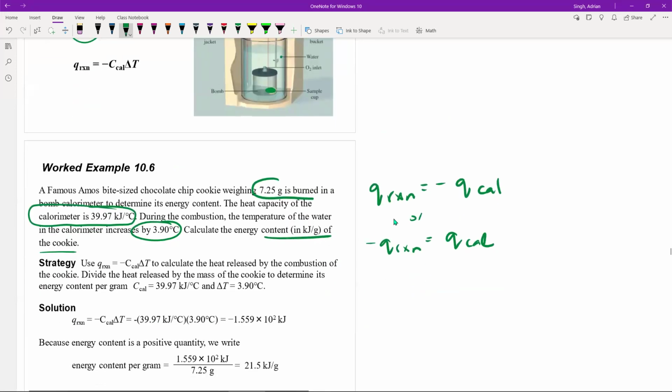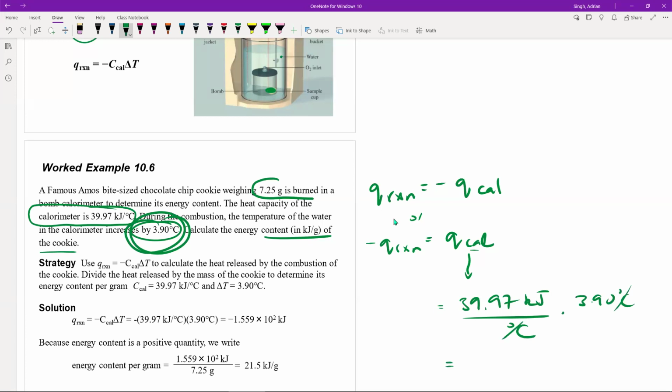So the Q of the calorimeter, where cal is the calorimeter, is the heat capacity of the calorimeter, 39.17 kilojoules per degree Celsius, times delta T, which is 3.90 degrees Celsius. The units of degrees Celsius cancel, and that gives us 1.559, so about 156 kilojoules, and that's equal to the negative value of the Q of the reaction.